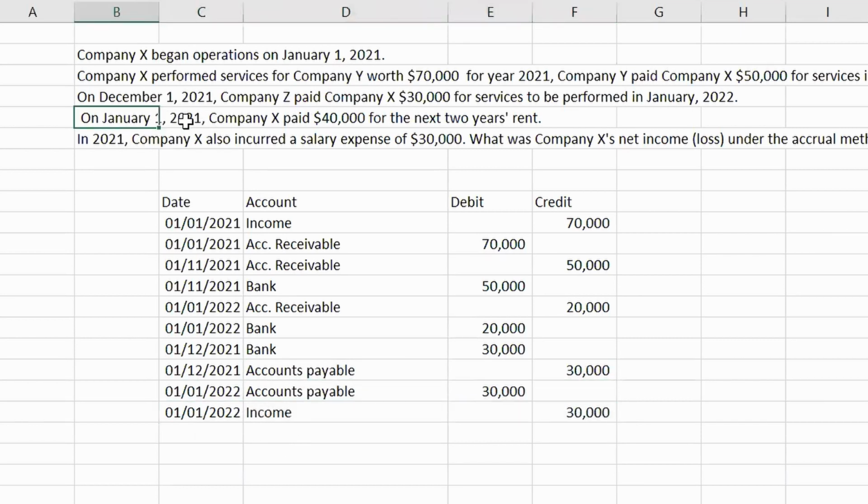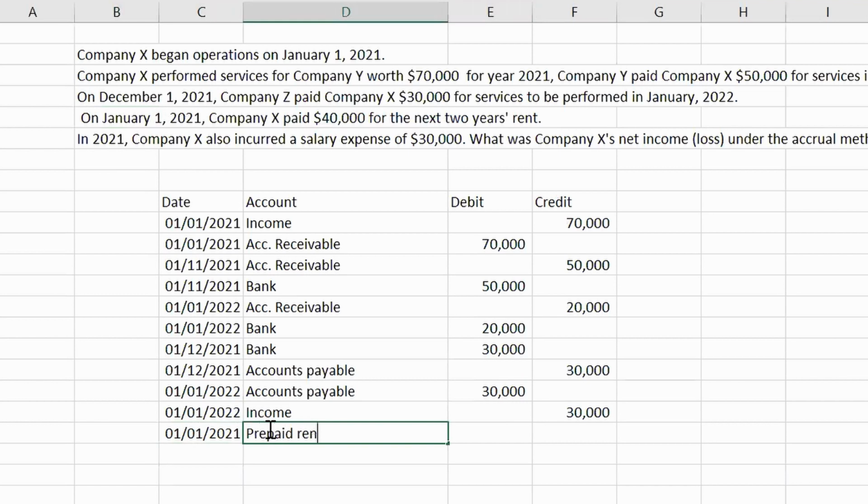On January 1st, 2021, company X paid 40,000 for the next two years of rent. We apply the same concept. Who can tell me the register? Prepaid rent and bank.